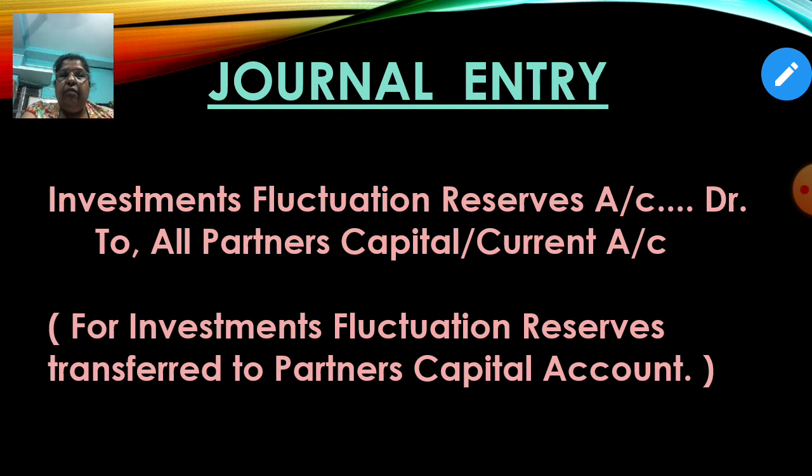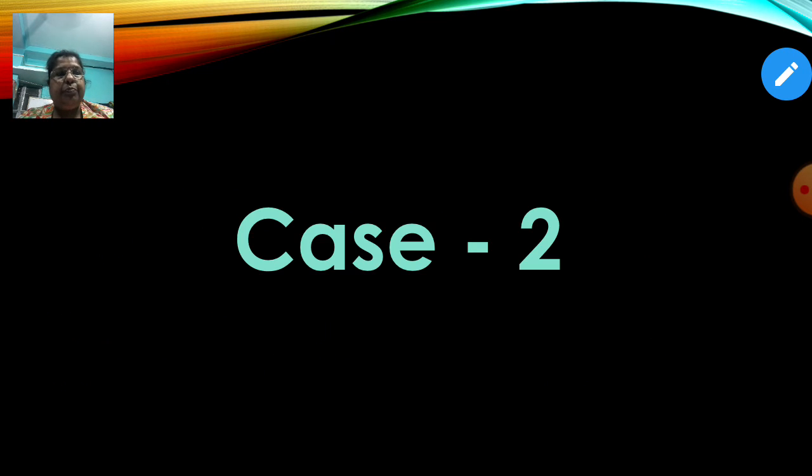So this is the first case, that if the book value and the market value are same, then the total reserve that we have created results into profit for the firm, and it will be distributed among all the partners in their old ratio.